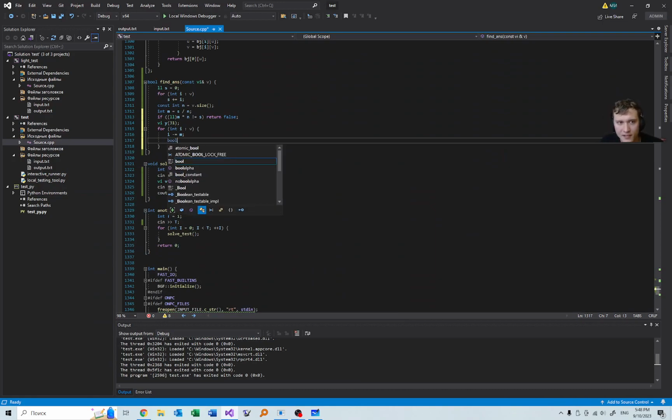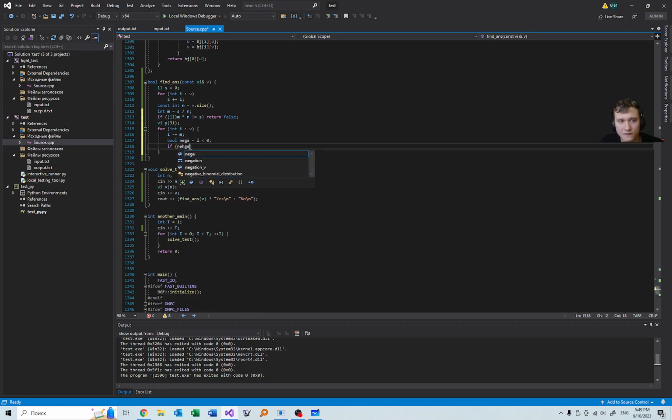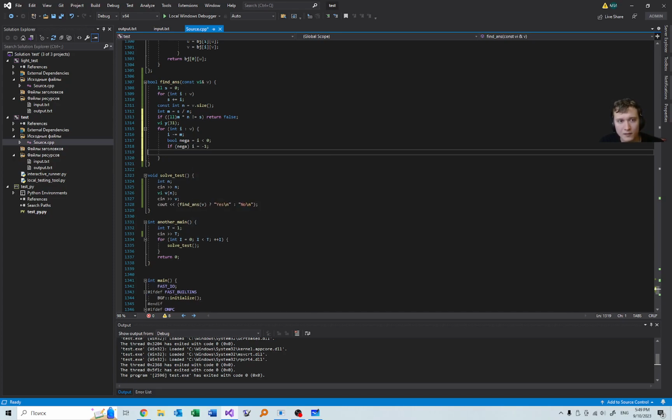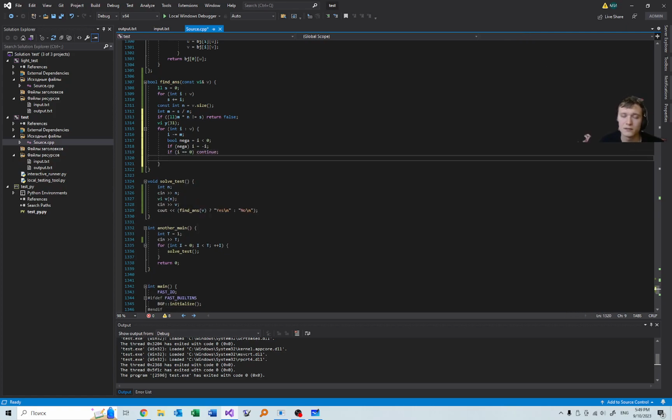Okay, let's make it bool negative equals I less than 0. If negative, then I equals minus I. So if I equals 0, then continue. Then we need to say that it is the difference of 2 powers of 2.